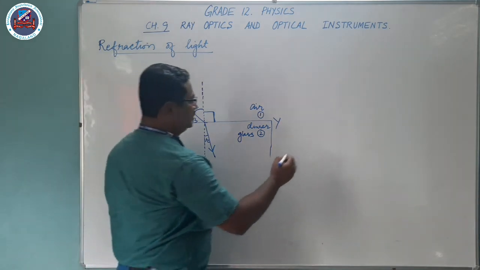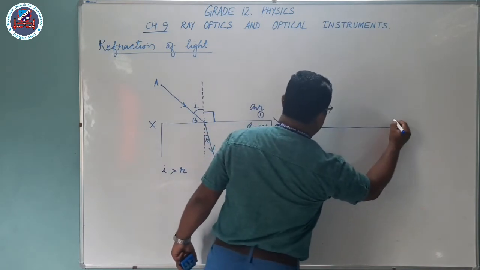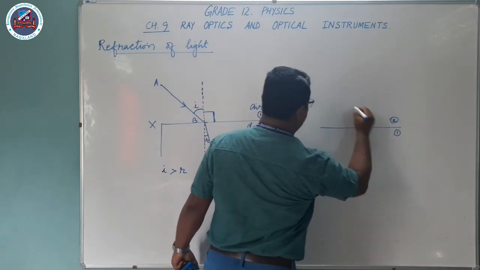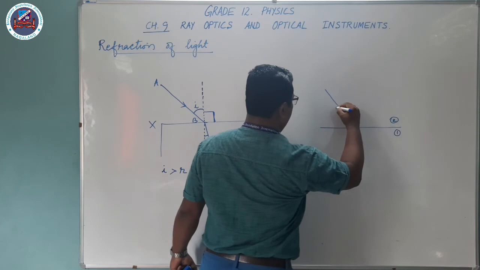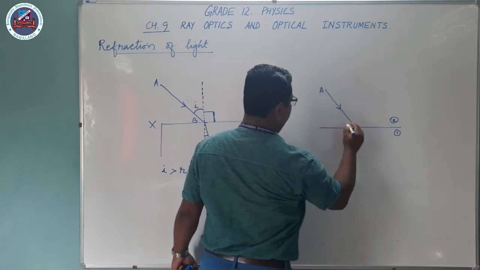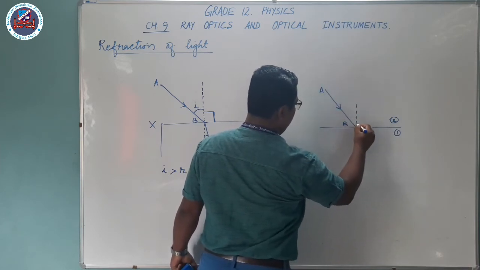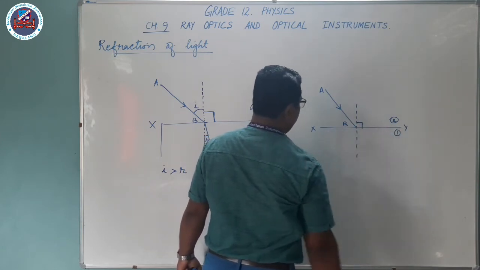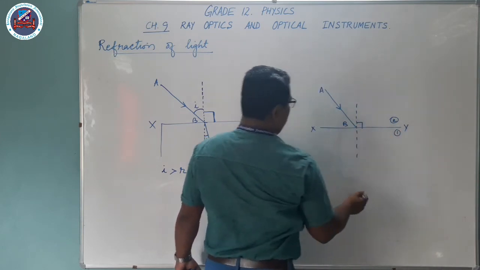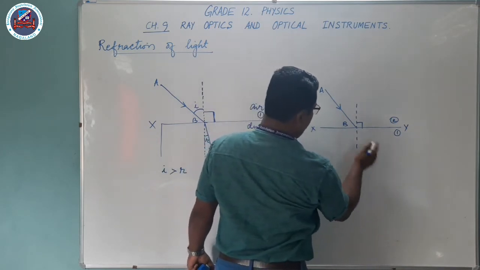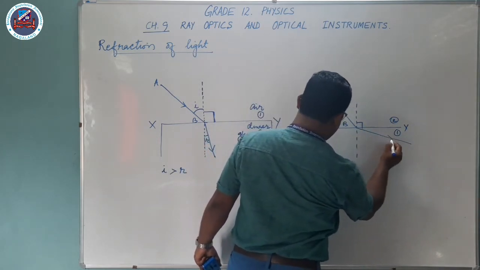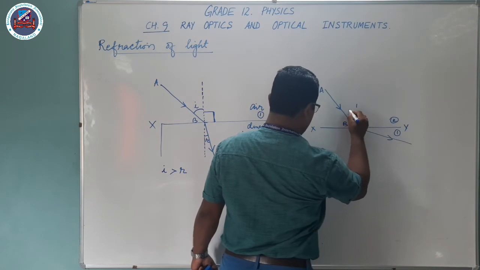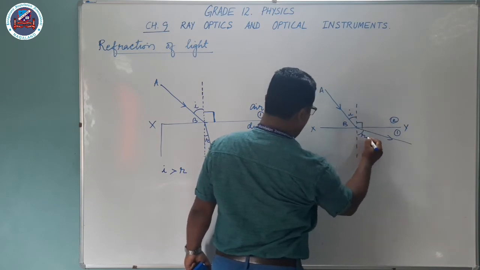But in the other case, when light travels from denser medium to rarer medium, say a ray of light incident this way AB, and you draw a normal at the surface XY, then from denser to rarer it goes away from the normal, and the angle of incidence becomes smaller than the angle of refraction.